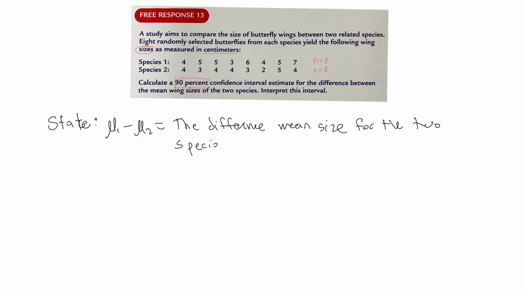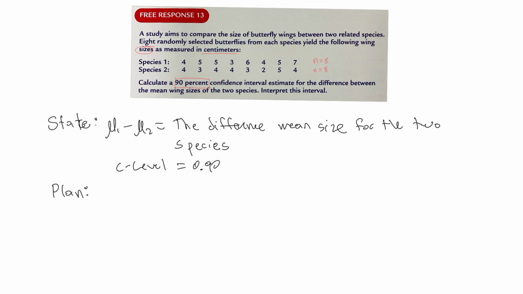So that's how you write down your parameter. You also have to state the confidence level. So I'm going to say confidence level equals 90%, which is 0.90. And then you can go to step number 2. Step number 2, you are going to plan your solution. Well, first of all, you have to state what method you are going to use, the name of the procedure. Here we have two different samples, and we're using the means.